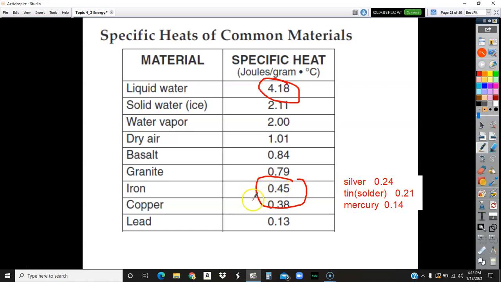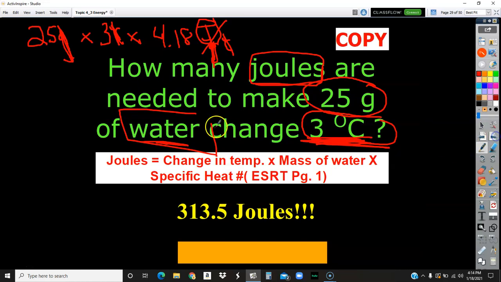So just be aware of whatever's in the problem. In that case, I said water. And when they say water, it's implied liquid water. If it wasn't liquid water, they would have said ice, or they would have said water vapor. But it could have been any substance. I could have picked basalt, granite, iron, any of these.